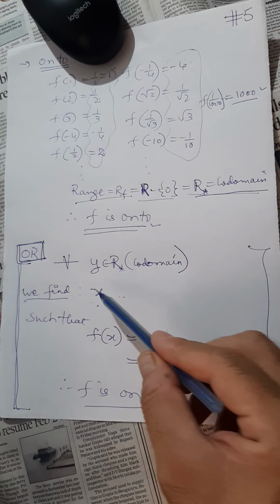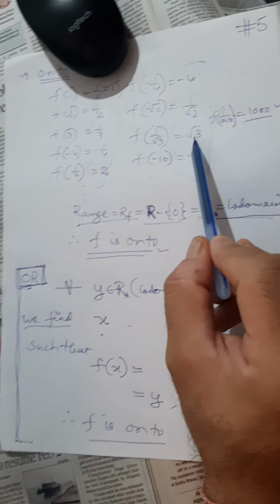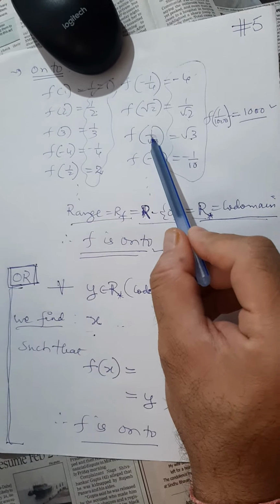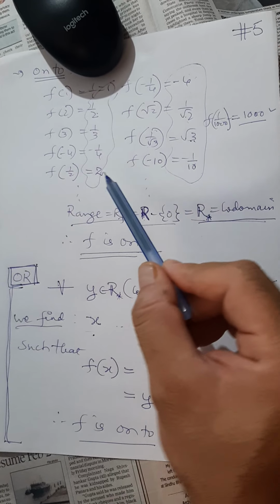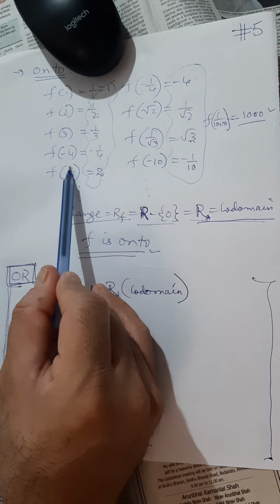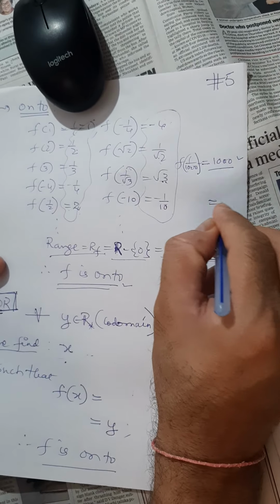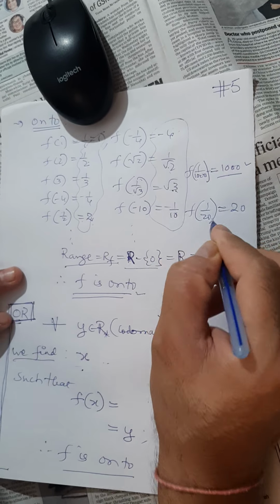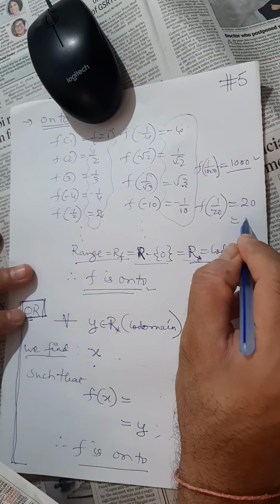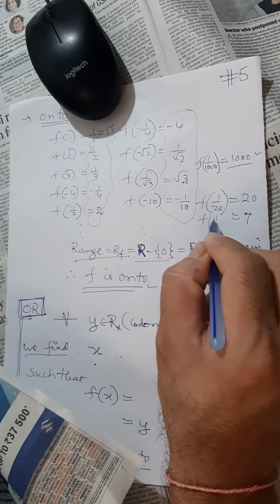You take one example, you will realize. If you want root 3 here, you are choosing 1 upon root 3, so you are getting this. If you want 2, you are choosing 1 upon 2, so its image is 2. Suppose I want 20 here, what I choose on the other side is 1 by 20. If I need, for example, 7, then I should choose 1 upon 7.